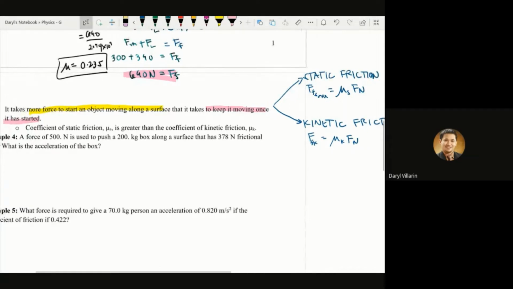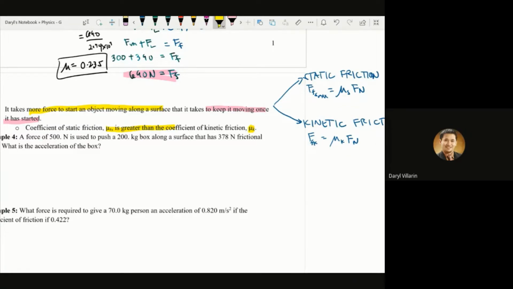Well, based on experiment, mu s is always greater than mu k. The reason for that is, again, from the previous statement, that you need more force to start an object moving along a surface than to keep it moving once it has started.